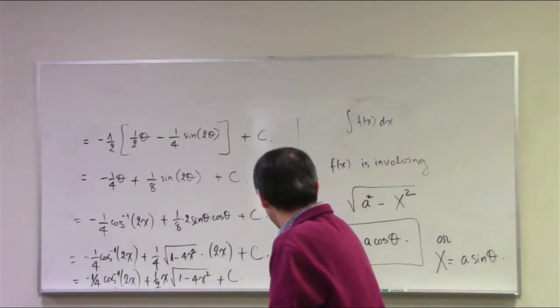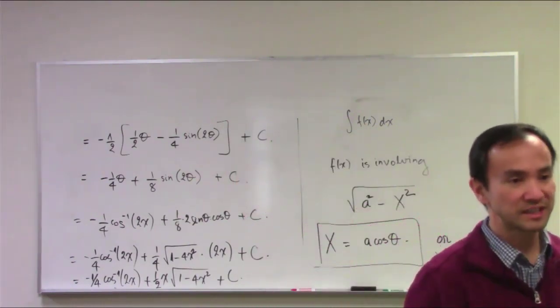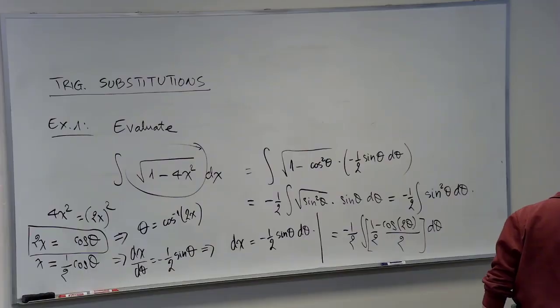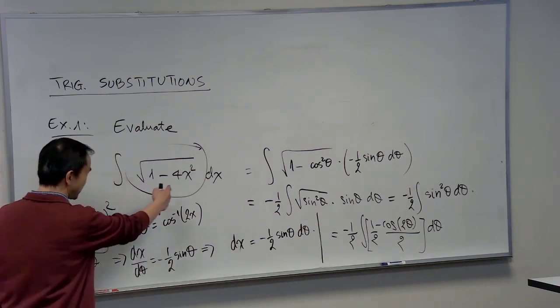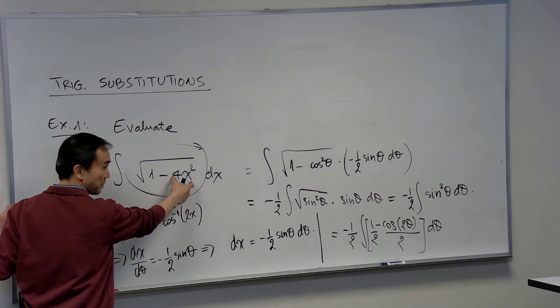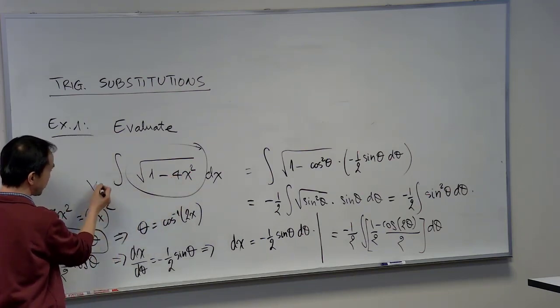That expression a times sine theta also works. And that explains the reason why I chose what I did at the beginning of the problem. After recognizing 4x squared as a perfect square expression, you see this one right here is equivalent to the capital X I was talking about.